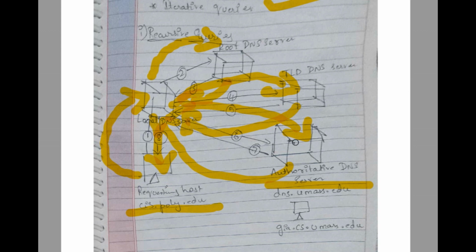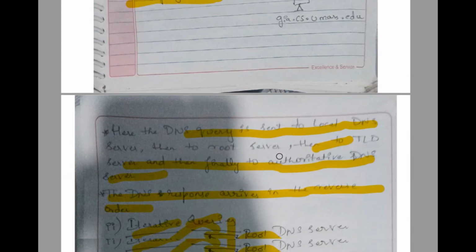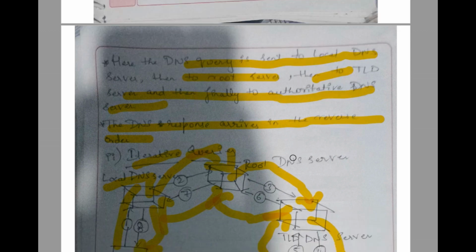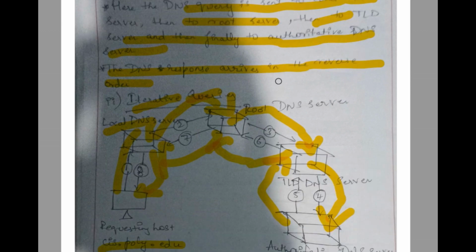The local DNS sends the query to the authoritative server. The authoritative server has the IP address, so it sends it back. The explanation is simple: the DNS query is sent to the local DNS, then to the root server, then to the TLD server, and finally to the authoritative server. The DNS response is in reverse manner.